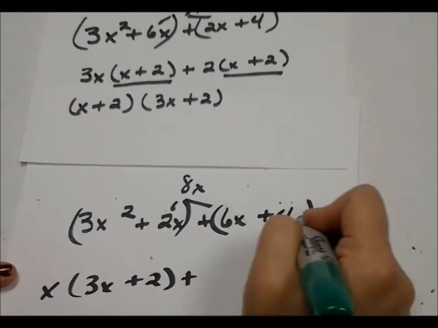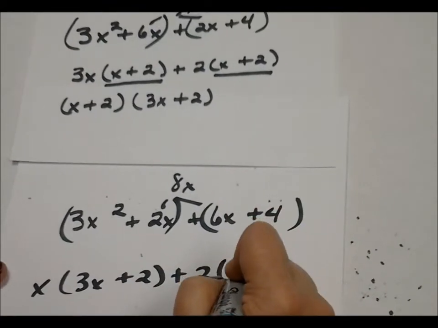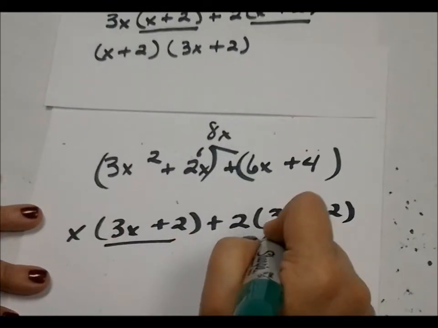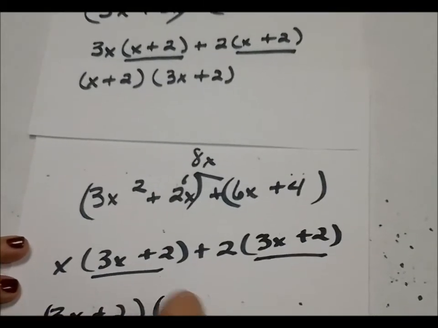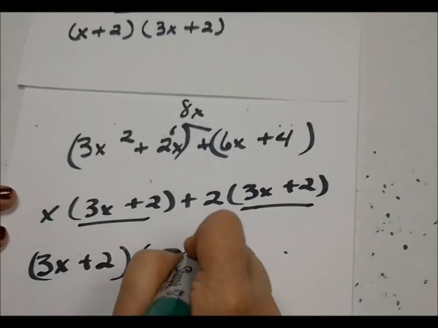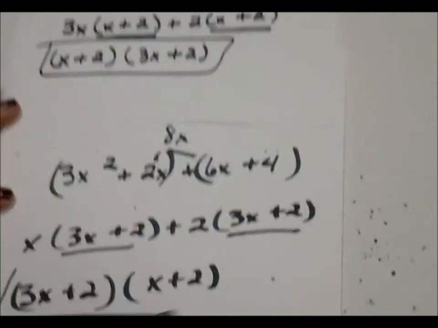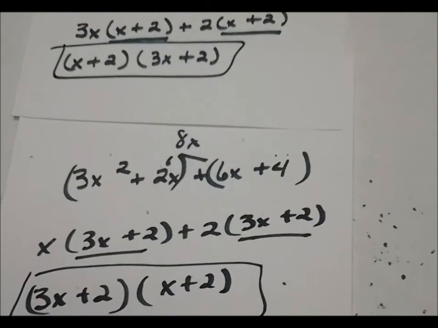What these two have in common is 2, and when I factor out the 2, I'm left with 3x plus 2. My common factor, 3x plus 2, and then x plus 2. And we can talk again about the commutative property, but these two factored forms do equal the same quadratic.